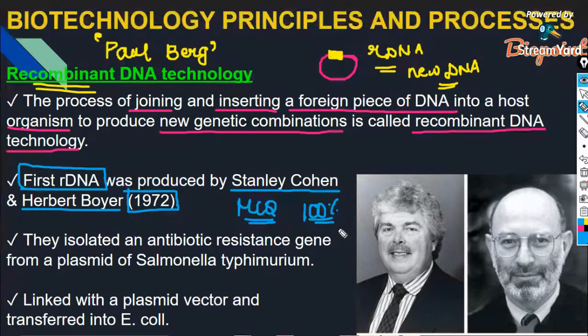The names of the scientists Stanley Cohen and Herbert Boyer, and the year also, 1972. If it is not there in your NCERT, take it down. I'll provide the PDF of the session in the Telegram group, or I'll update the description box with the PDF of the session.